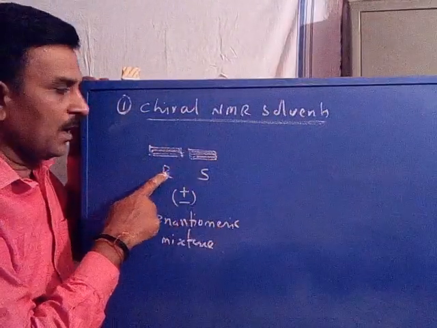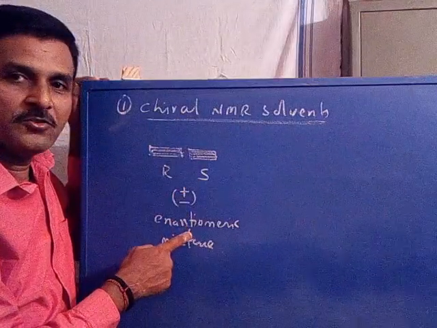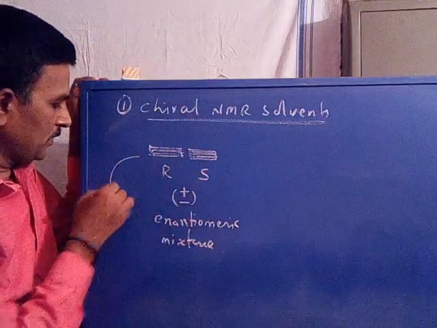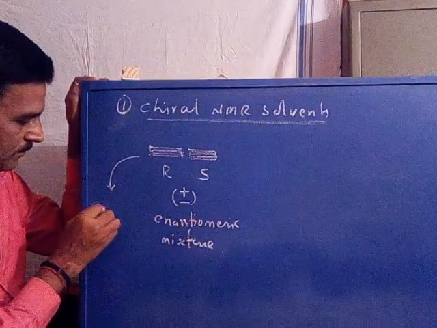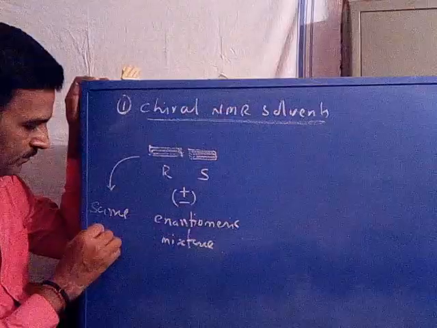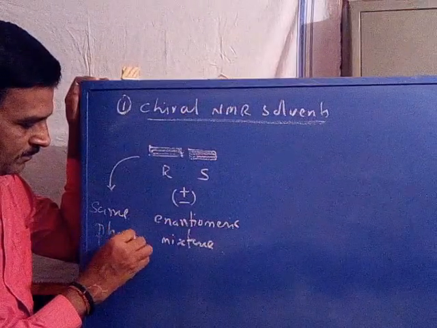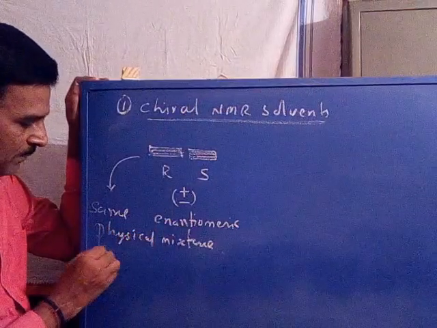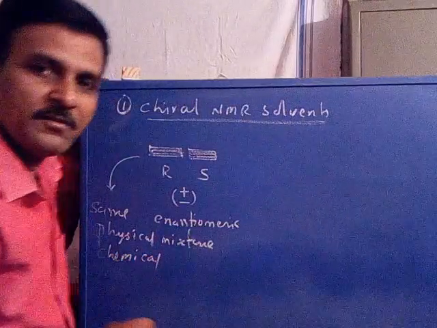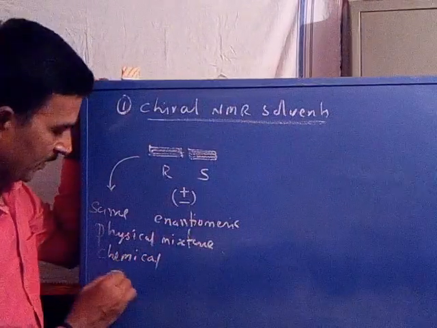Each isomer, R and S isomer of the enantiomeric mixture, as we just discussed, has the same physical, chemical as well as spectral properties.